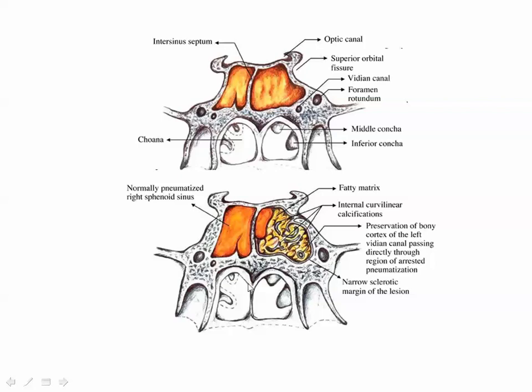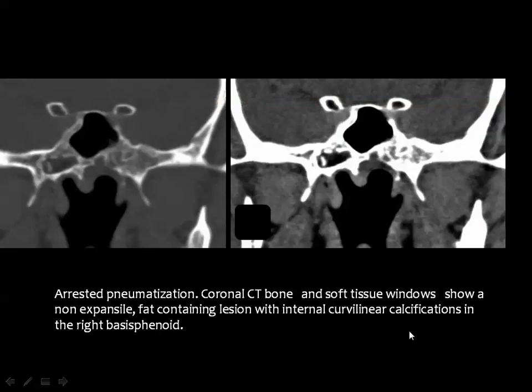But you can easily appreciate that the Vidian canal as well as the foramen rotundum are intact and not displaced or eroded by the lesion. This is the usual appearance of arrested pneumatization of the skull base by CT.